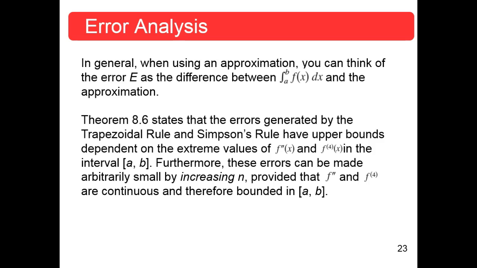All right, good deal. Any questions? F prime is the slope of the function. F double prime is the second derivative, the derivative of that derivative, which is like the concavity. F triple prime would then be the derivative of f double prime, and the fourth derivative would be the derivative of the third derivative.